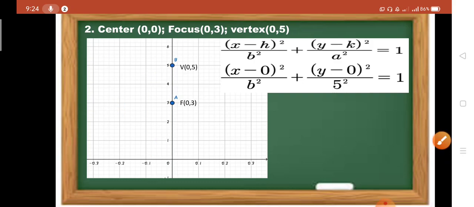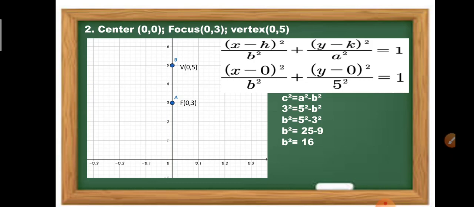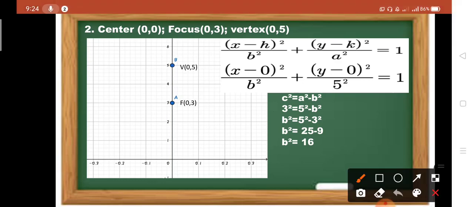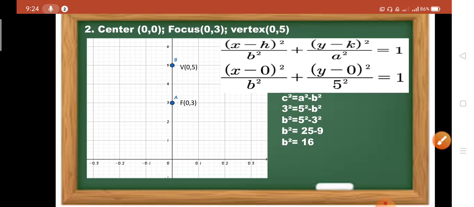We need to find the value of b squared. In order to find the value of b squared, we need to use the formula c squared equals a squared minus b squared. The value of our c is 3 because c is the distance from the origin to the focus, and the value of our a is 5.